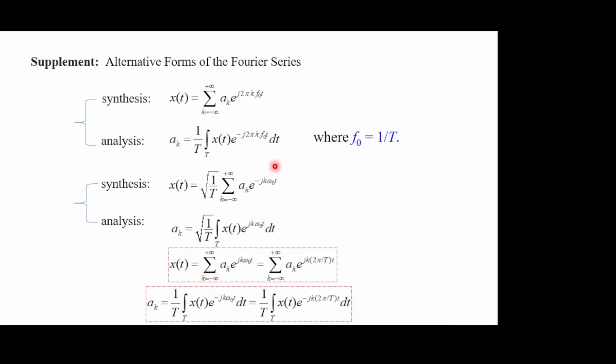So in some places you will see this kind of convention where you want a very symmetric equation, where both x of t and the ak have 1/√T. The moral of the story here is that when you read different books on the Fourier series transformation, you need to be careful about the convention first.